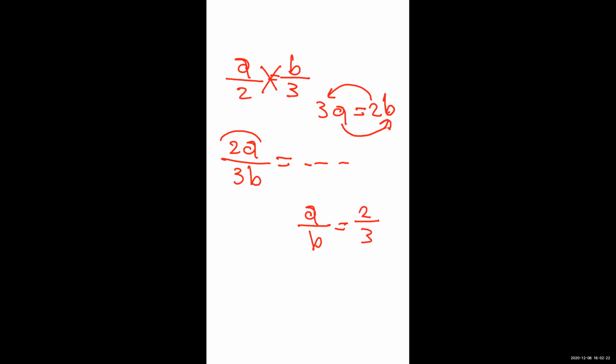Now I want to get 2a over 3b. So 2 times 2 means 4, 3 times 3 means 9. So 4 over 9. That's it. Okay, is it clear? Yeah. Okay, so please turn over the page to the next question, question 2.